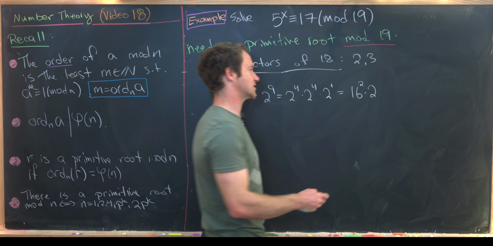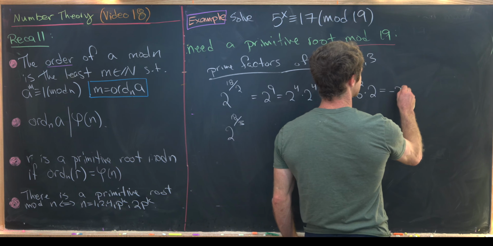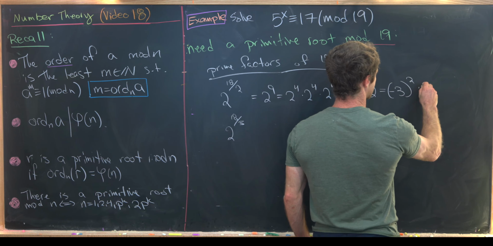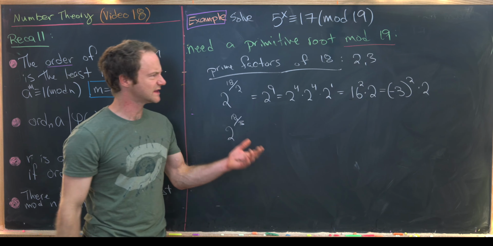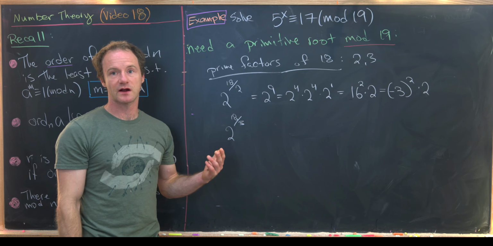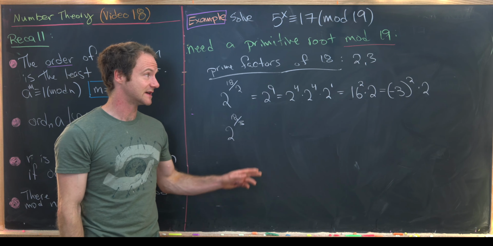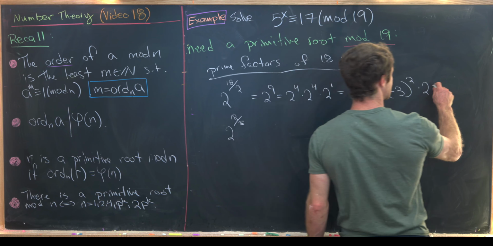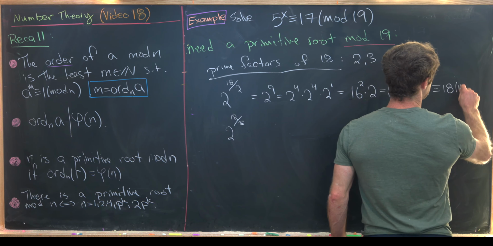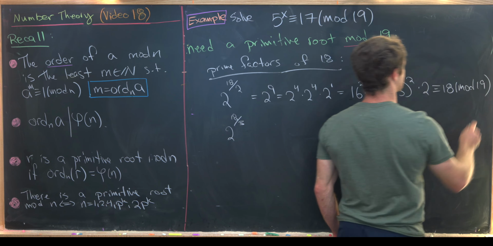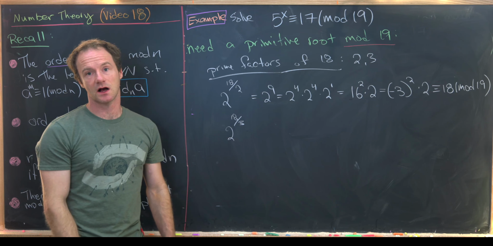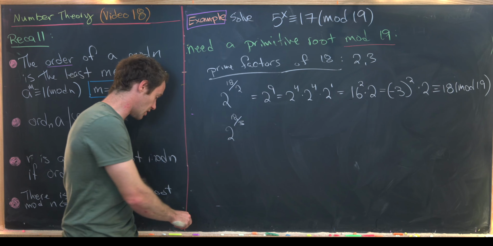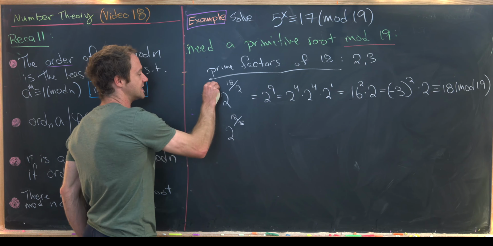That makes the calculation a little bit easier. So this is negative 3 squared times 2. Negative 3 squared is positive 9, times 2 gives us 18. So this is congruent to 18 mod 19. But 18 is not congruent to 1 mod 19. So we're okay so far.